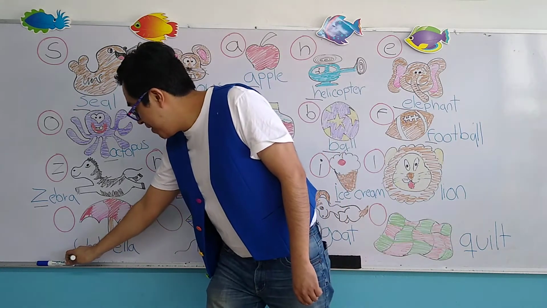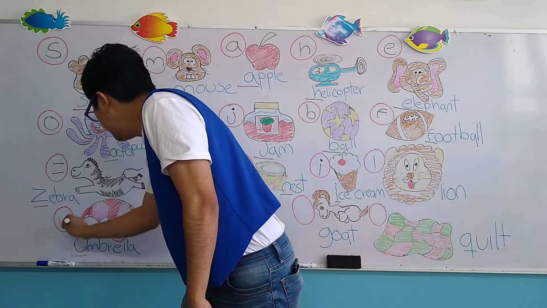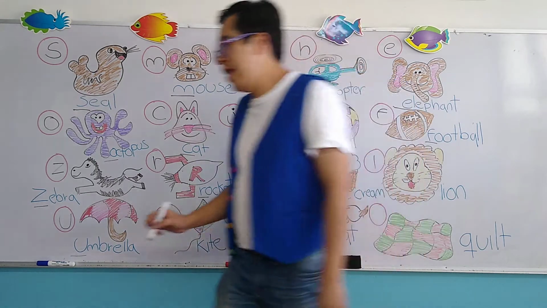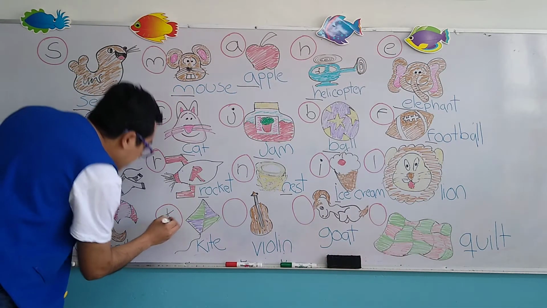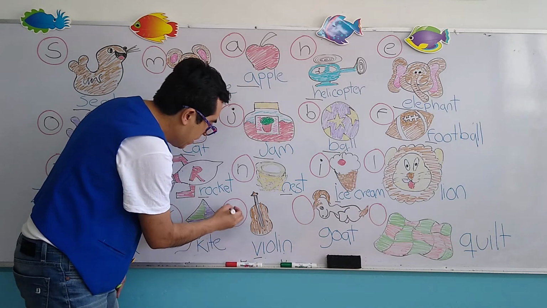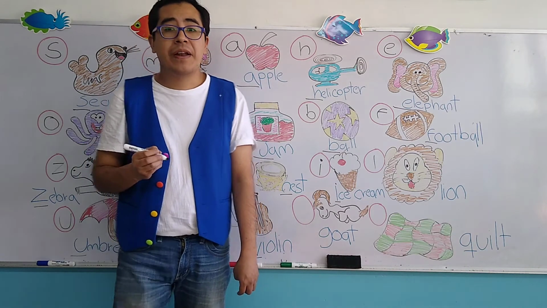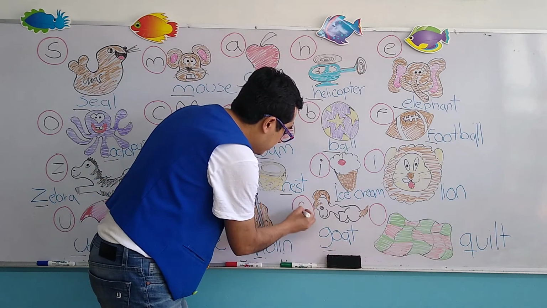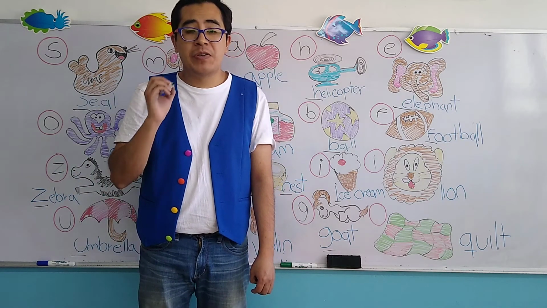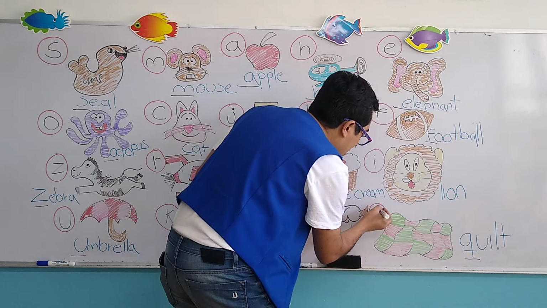The first letter that appears in the word umbrella, letter U. The first letter that appears on the word kite, letter K. The first letter that appears on the word violin, letter V. The first letter that appears on the word goat, letter G. And finally, the first letter that appears with the word quilt, small q.